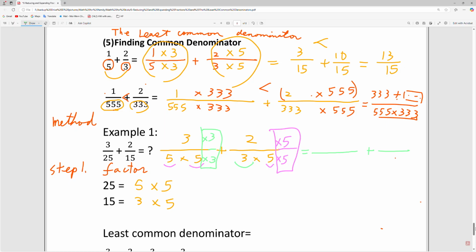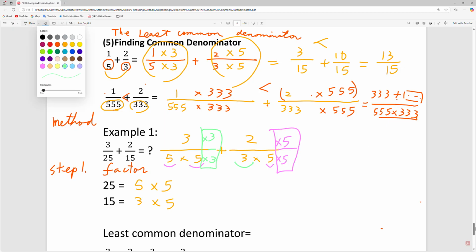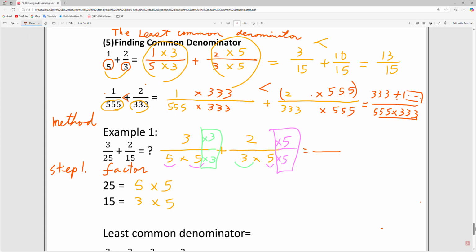Well, the color is not good. Let me change color. Okay, so I have 2 fractions. Numerator 9, denominator 25 times 3, 75.